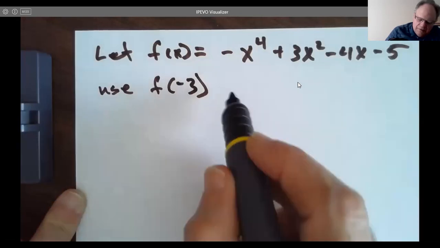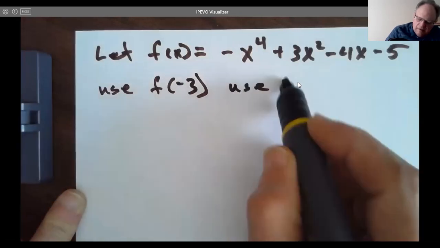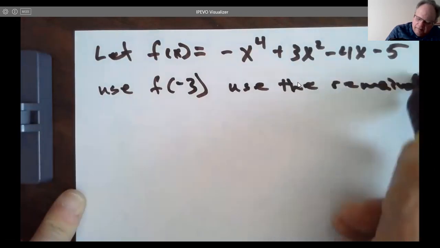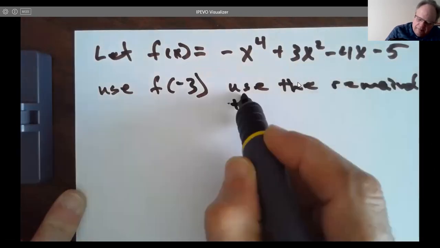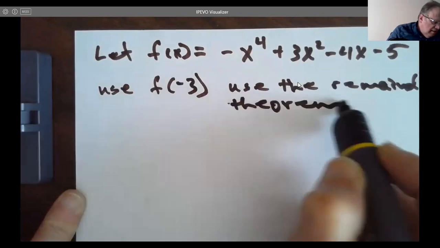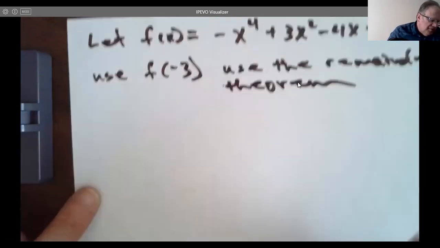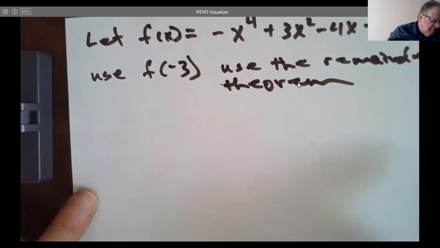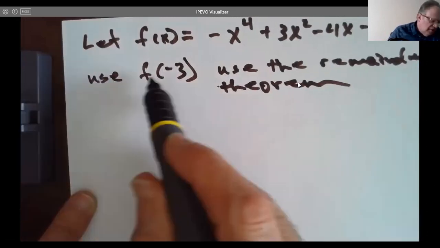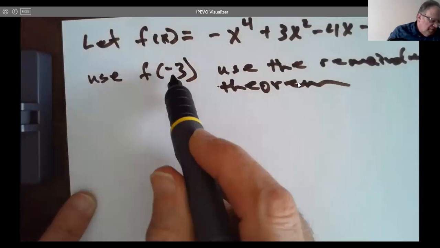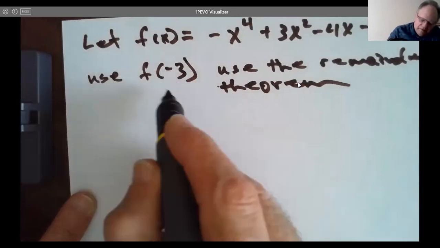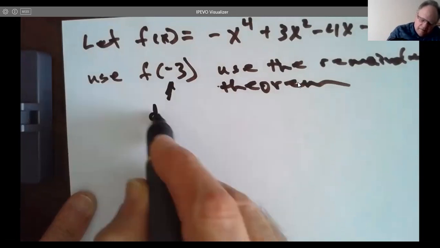We want to use the remainder theorem. So, use the remainder theorem to find f of negative 3. In other words, this negative 3 is our divisor.